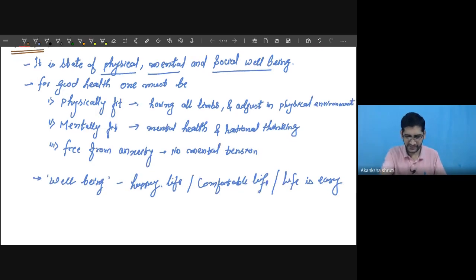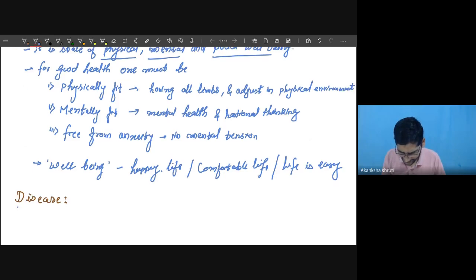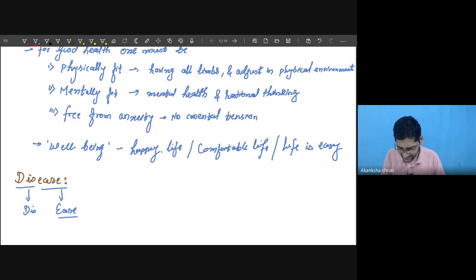Right, the next term is disease. Students, this word disease itself indicates it consists of two things, dis and ease. Ease means easiness and dis means disturbed.